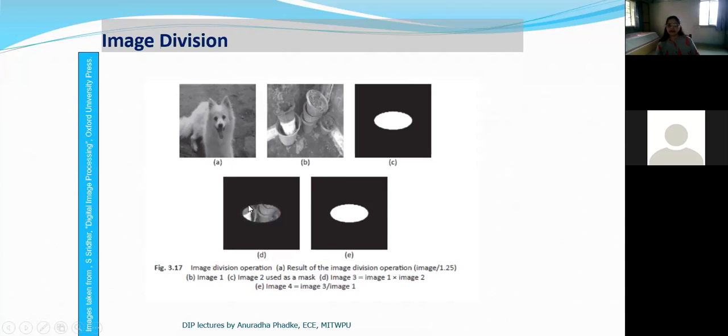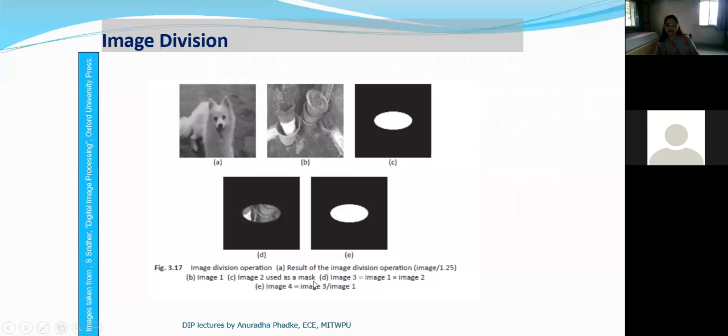Now inside the ellipse, whatever pixel values are there are identical to the pixel values from image B. So a number, say 200 divided by 200, always gives us 1. So inside the ellipse, we are dividing respective values from image B, and it results in 1.